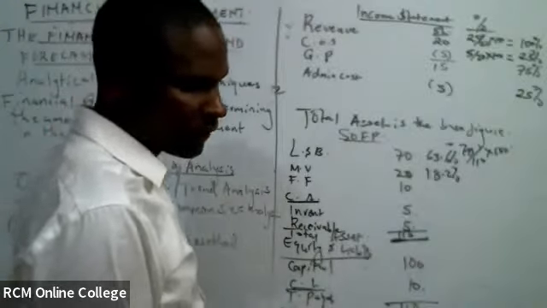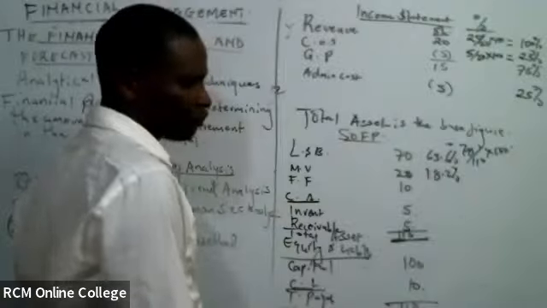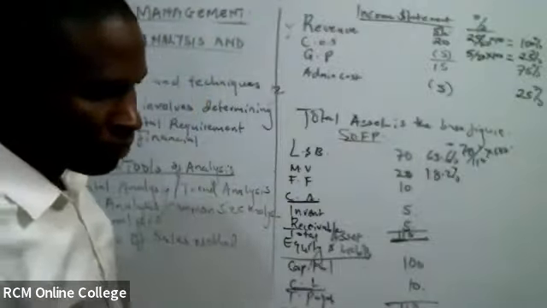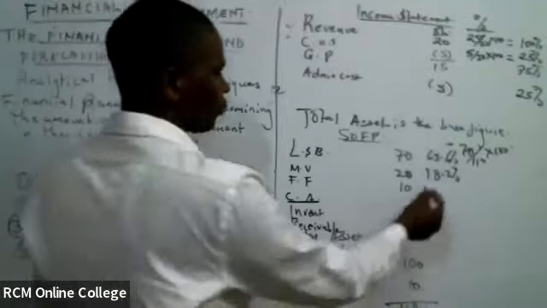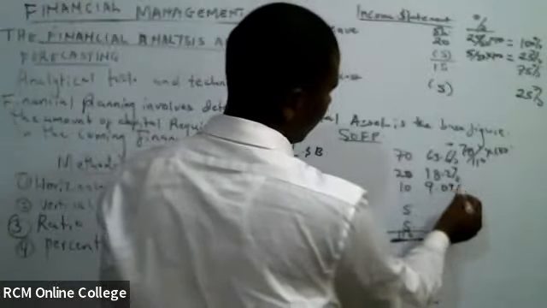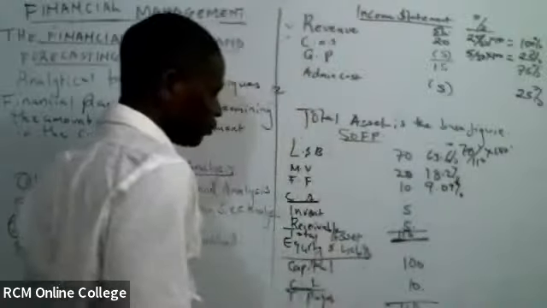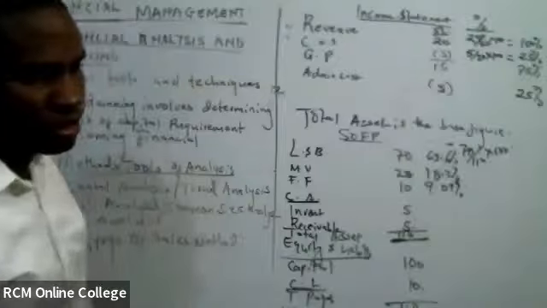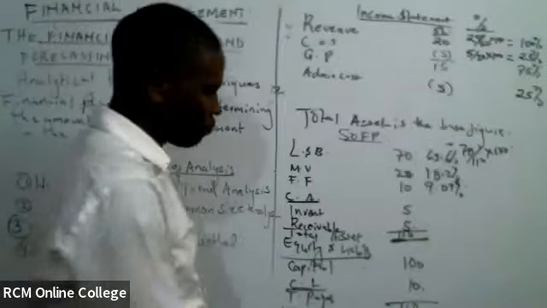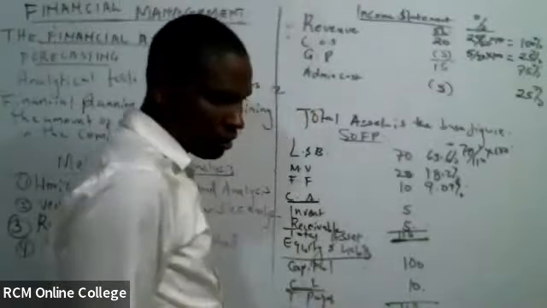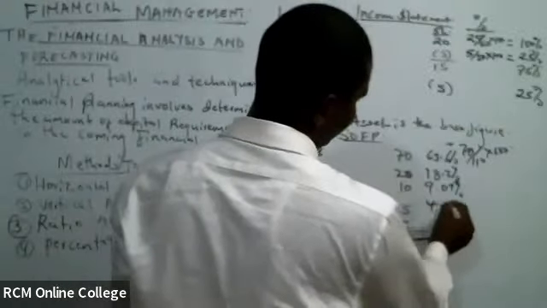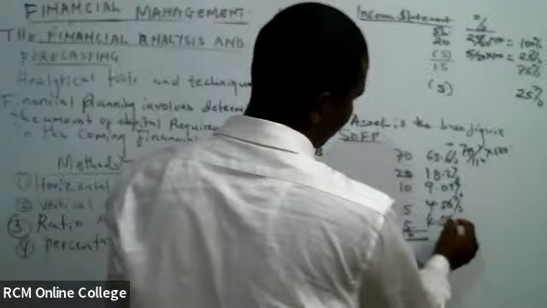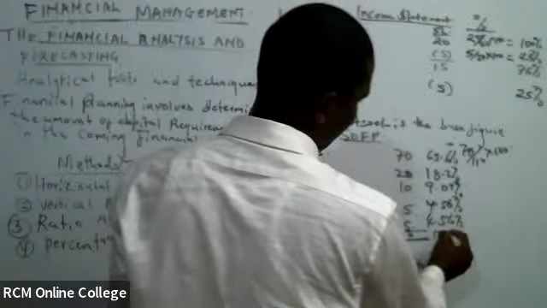How much? It will be 10 out of 110 times 100. It's not a big thing. 9.09. We have others, inventory and receivables will be the same. 4.56%. And now the total will be 100%.